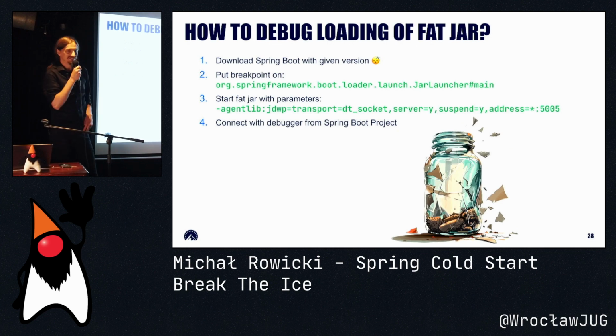And just after that, when you finish binging your series, you can look for the class jar launcher, put a breakpoint on the main, then start your fat jar with this flag, which will stop the application before starting until the remote debugger is connected. Then you can figure out what's going on with your fat jar application.